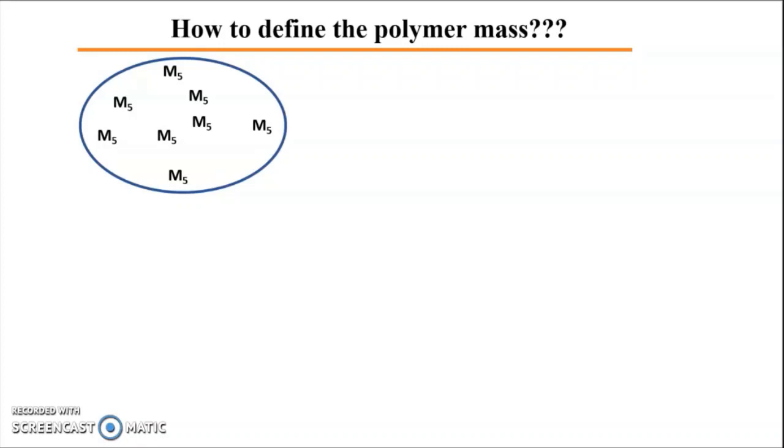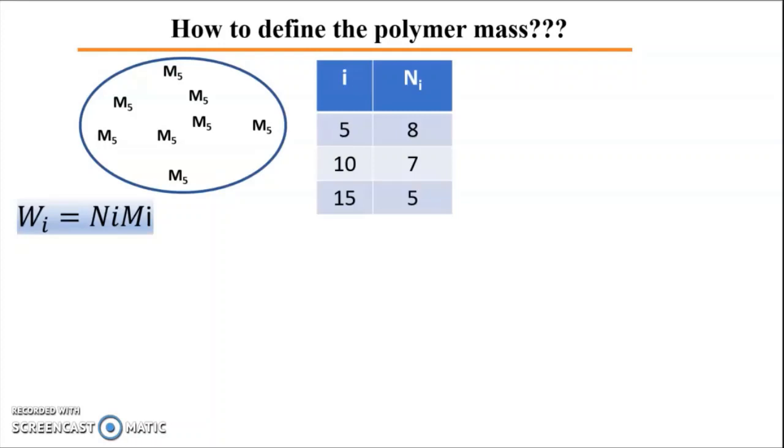Parallel to the number of chains having specific repetitive units, each group of chains has a mass. So if I consider our previous example, where we have M5, M10, and M15 repetitive units, the mass of the group of chains having 5 repetitive units is equal to the number of these chains times the mass of the polymer chain having these 5 repetitive units.